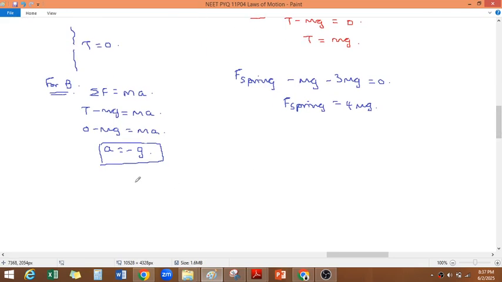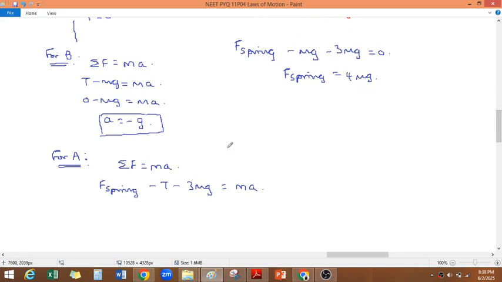For A similarly, sigma F is equal to MA: F spring minus T minus 3mg is equal to MA.